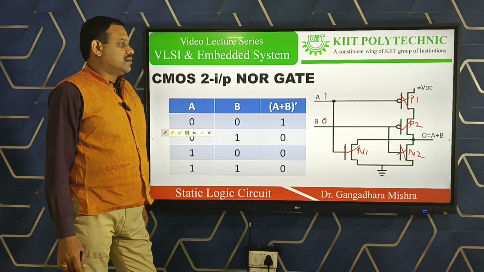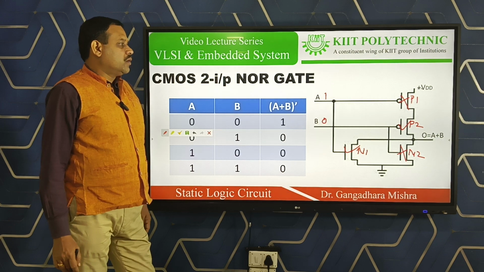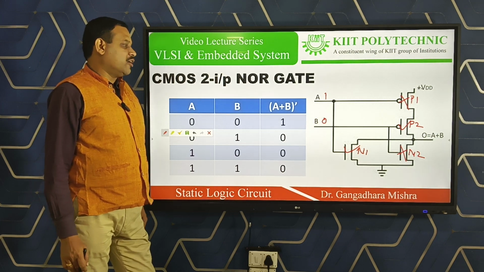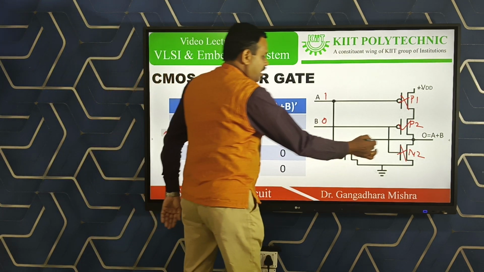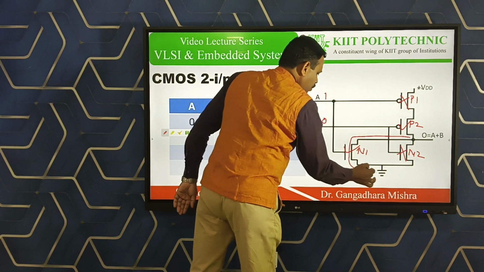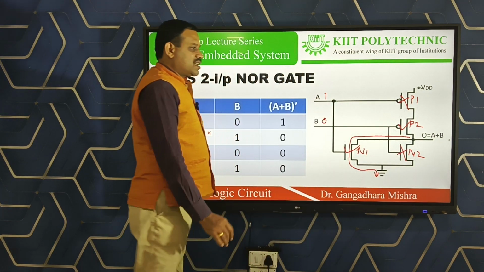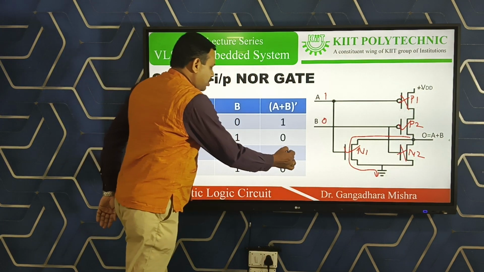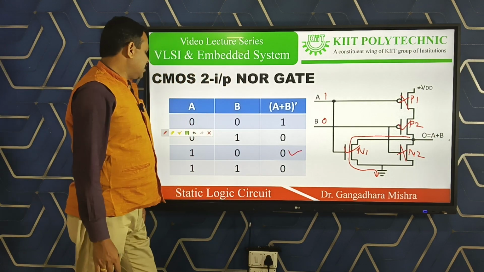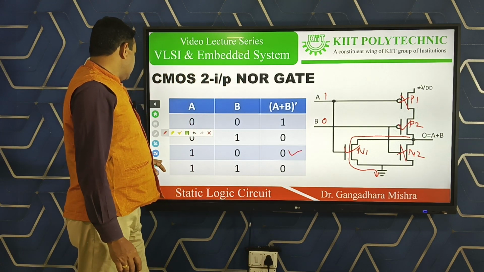Under these operating conditions, there is no scope for VDD to reach the output, whereas the ground will be connected through N1. As a result, we will find a logic 0 state at the output.